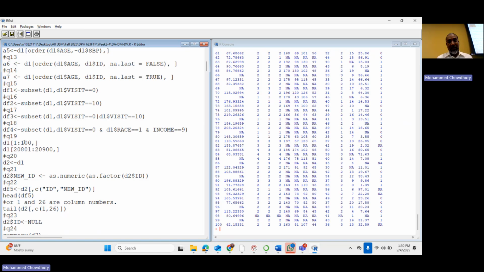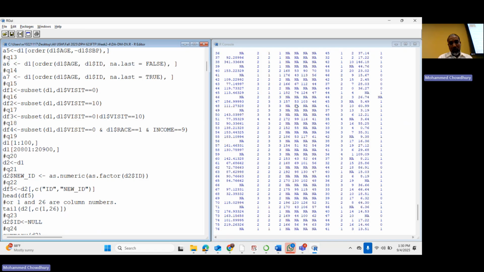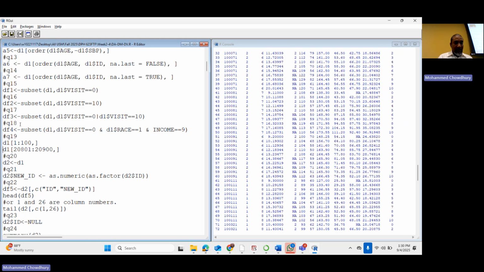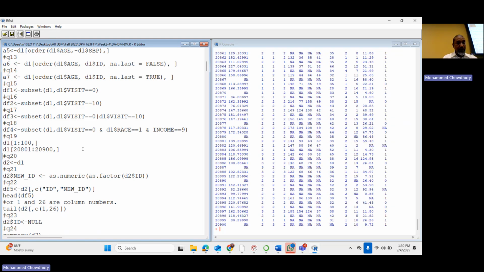Now suppose I want to take a look at the first 100 rows of the D1 data, and this is the last 100 rows. Now I have to explain what this means. D1[1:100,]. I said before, before the comma all operations are on rows, and after the comma all operations are on columns.